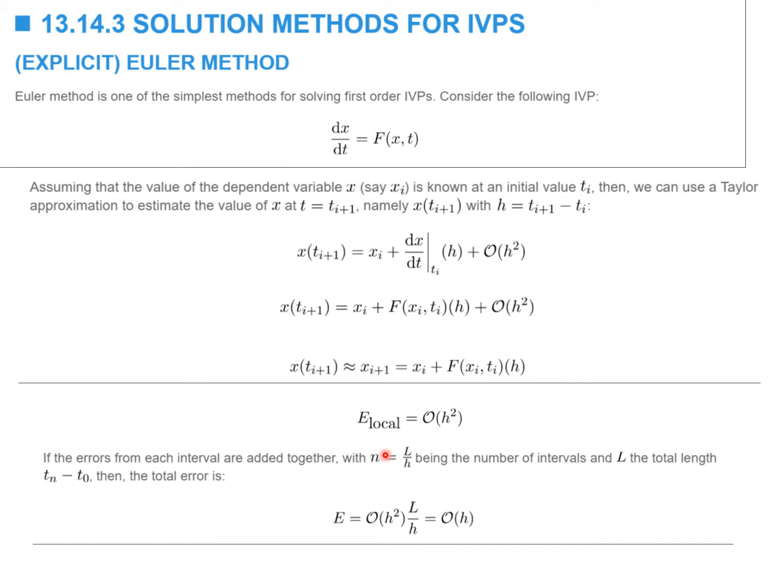If I'd like to do this on a large interval of time that's divided into n steps, where the number of steps is equal to the length of the interval divided by h, then the total error is this error term that's directly proportional to h squared multiplied by L divided by h, which means that the error term is directly proportional to h.